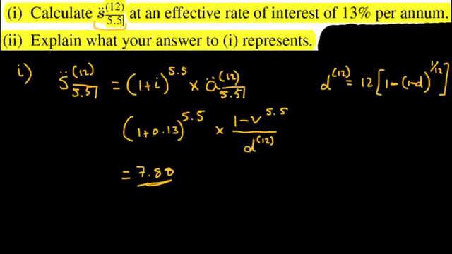Now the question is, explain what your answer to part I represents. Of course we'd ask that when it's got a 5.5 there. The reason is that if n were 5, there'd be 60 payment periods.